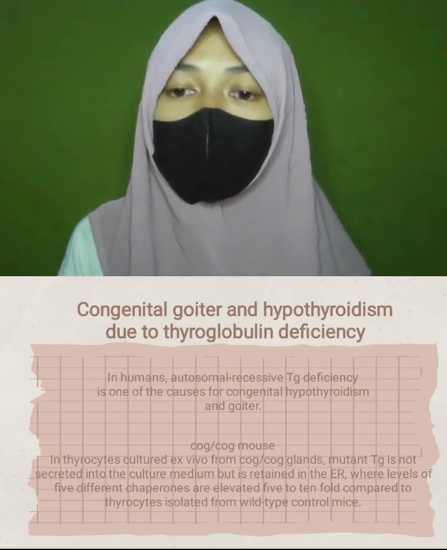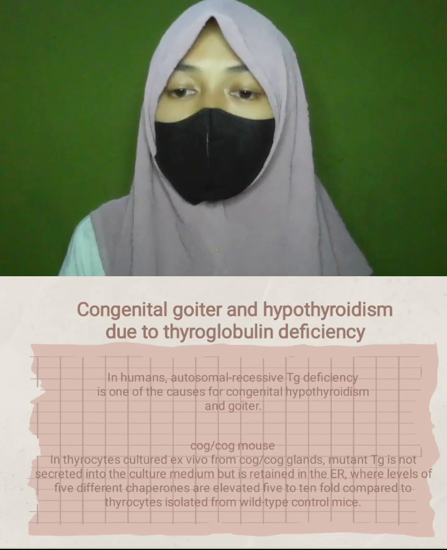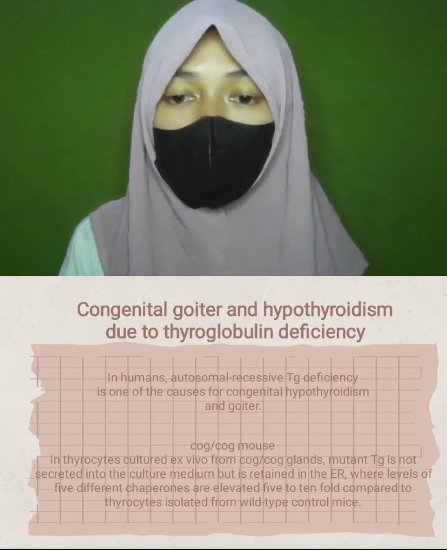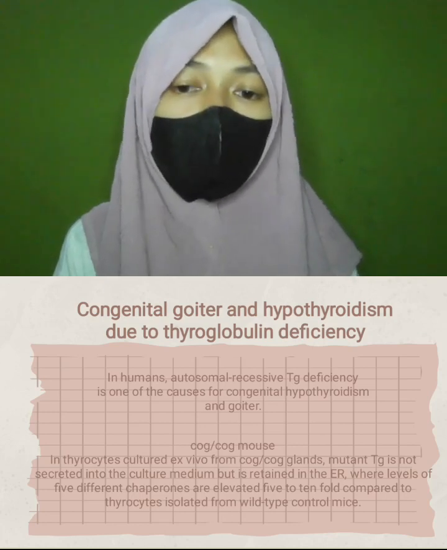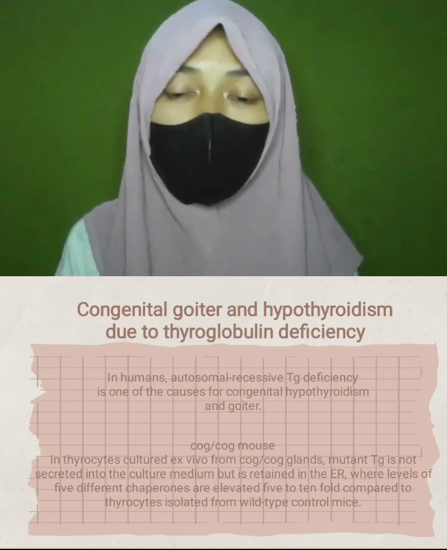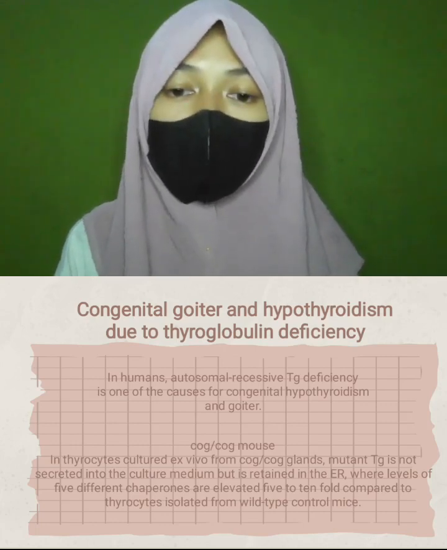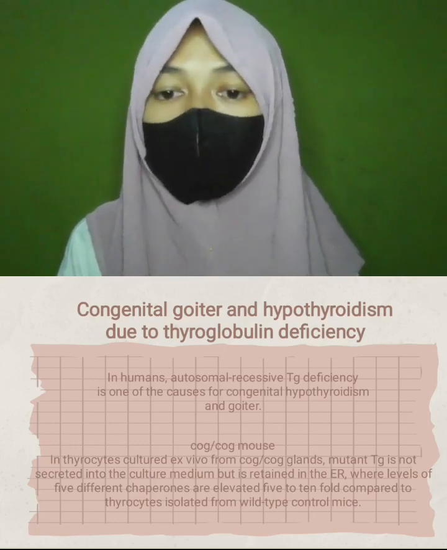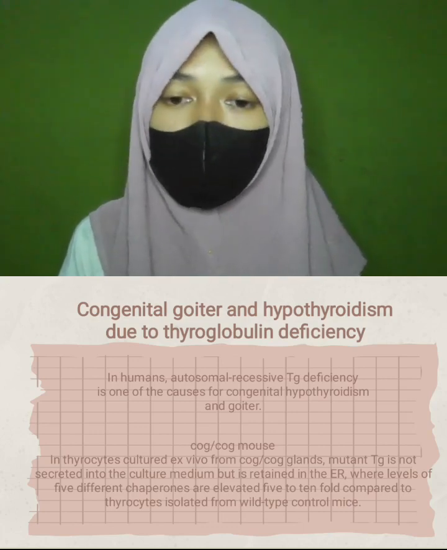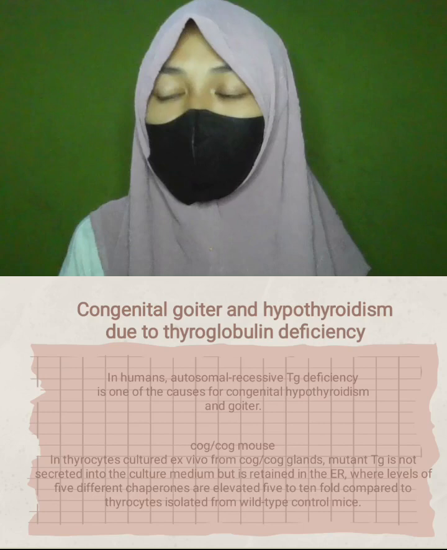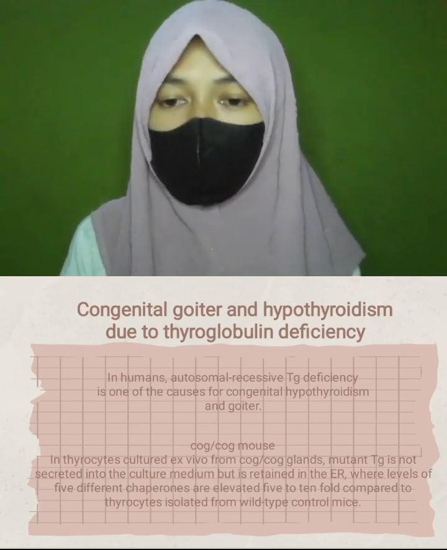In thyrocytes cultured ex vivo from cog glands, mutant TG is not secreted into the culture medium but is retained in the ER, where the levels of 5 different chaperones are elevated 5 to 10-fold compared to thyrocytes isolated from wild-type control mice. The cause of this ER stress response is the failure of mutant TG to fold properly and form homodimers.